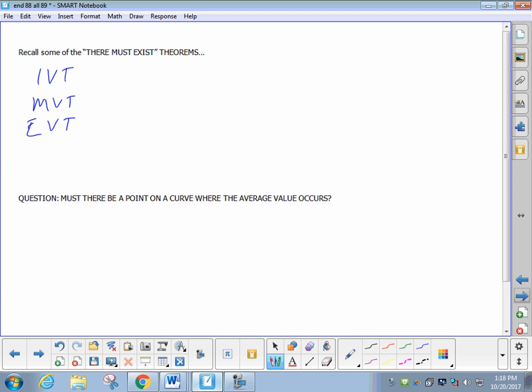Now, in this case, must there be a place on the curve that makes the average value? So if I have a curve like this, and the average value I say is in here, does that average value have to hit the curve? Does it have to be on the curve? F of C must be on the curve?